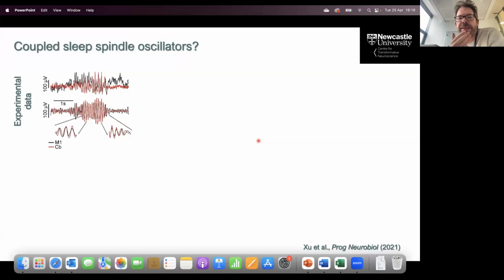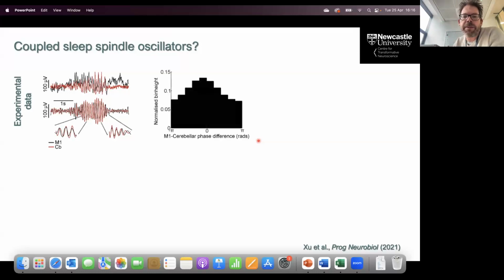This came about from a more detailed analysis of the relative phase of the spindle oscillations we were recording in the cerebellum and the neocortex at the same time. Looking at the data, it seemed like that relative phase was changing through the spindle events, even though on average these two oscillations were coupled. There seemed to be systematic variation in the relative phase.